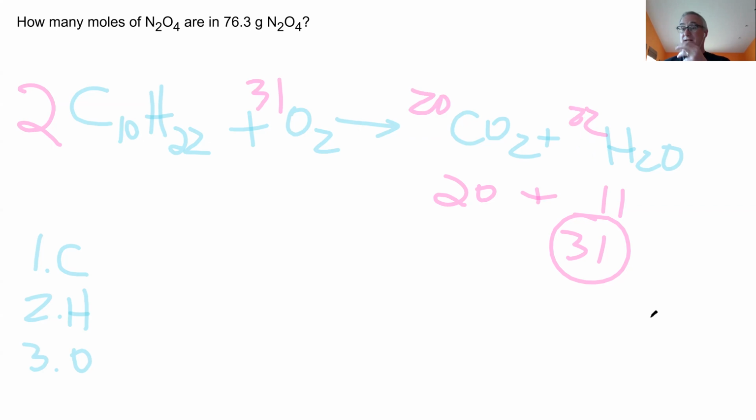So that's how you do those more complicated combustion reactions. Carbons first, hydrogen second. Oxygens always last. And if you have to do something weird, if you have to double everything, that's fine. Go ahead and double everything. Because it gets tricky when you have an odd number of oxygen atoms on one side and an even number on the other.